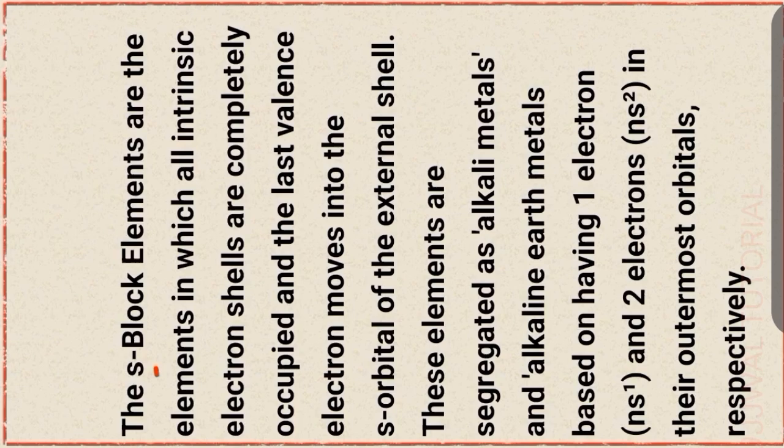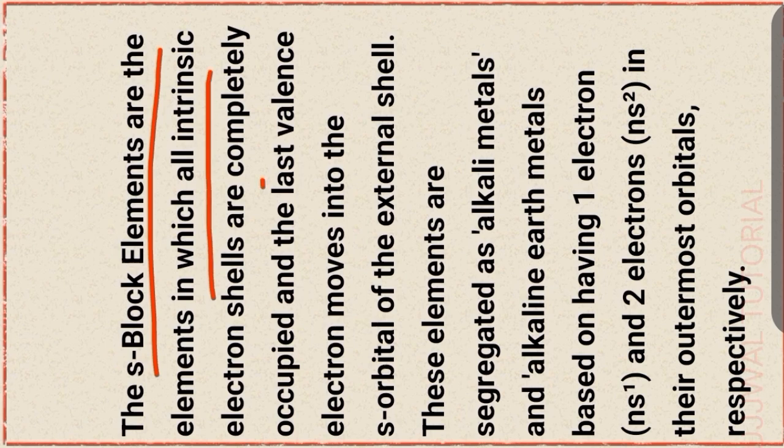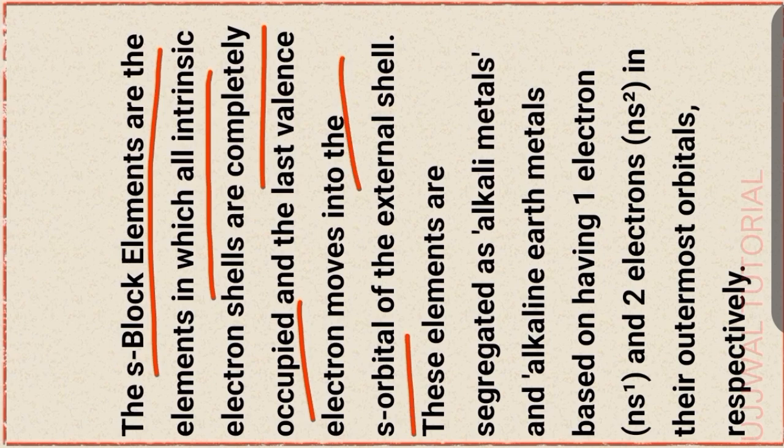The S block elements are the elements in which all inner electron shells are completely occupied and the last valence electron moves into the s orbital of the outer shell.